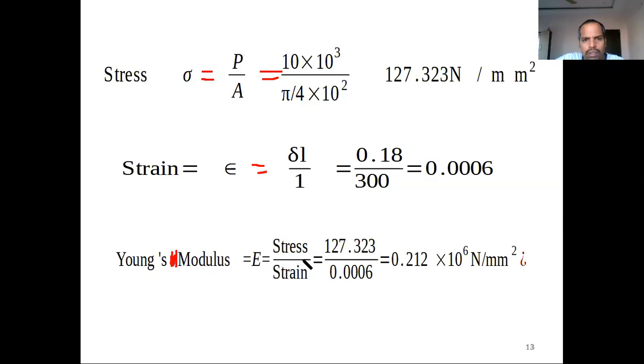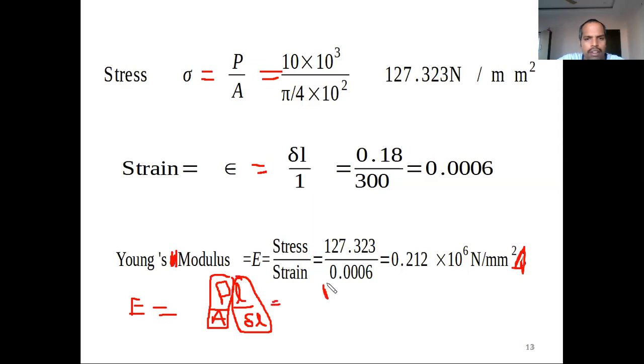Young's modulus is equal to stress by strain. If you do it the way I have told you, what is the formula? Young's modulus is equal to PL by A delta L, that is P by A divided by delta L by L. Is it the same thing? Just bringing the L from the numerator into the denominator.